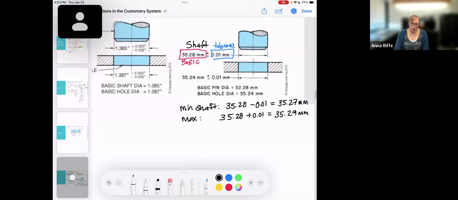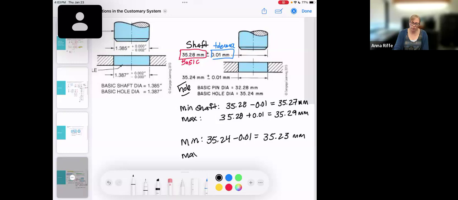We could do something similar with the hole. The hole here has a basic dimension of 35.24 and a tolerance of plus or minus 0.01. So the minimum for the hole will be 35.24 minus 0.01, which is 35.23 millimeters.